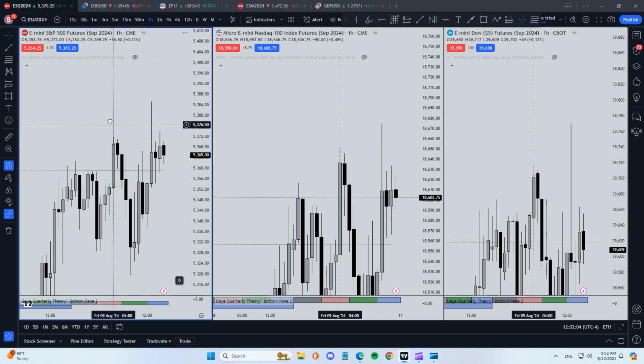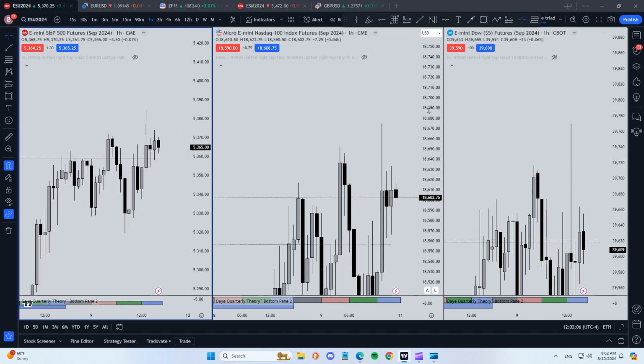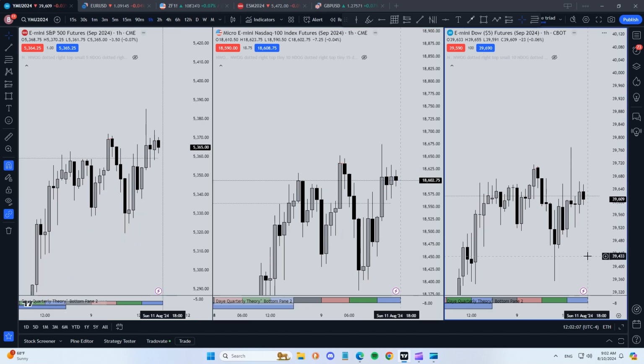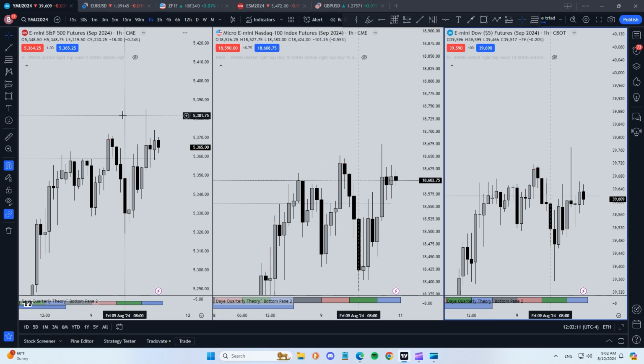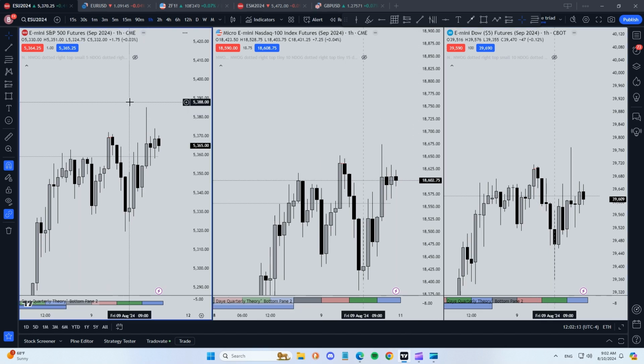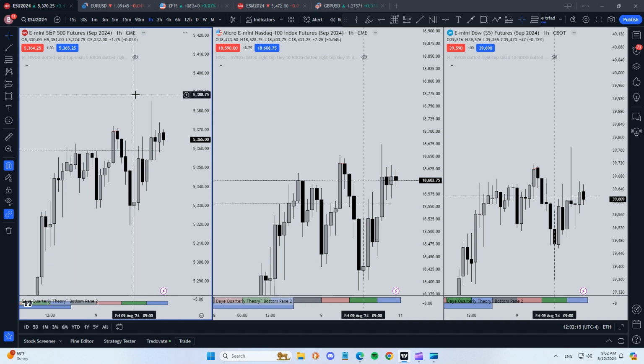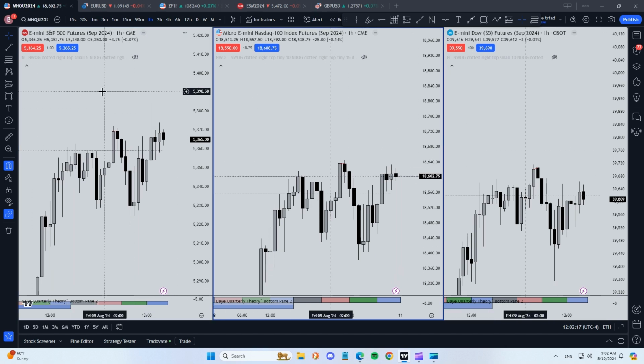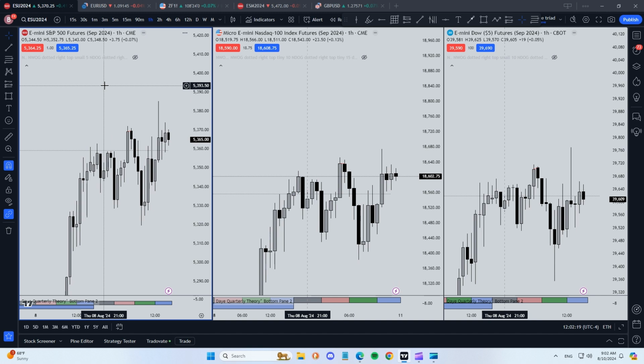Make a high of London, and then from there we can have a bearish bias going into the New York session, but obviously you have to go down to a lower time frame because that doesn't give us anything at all.